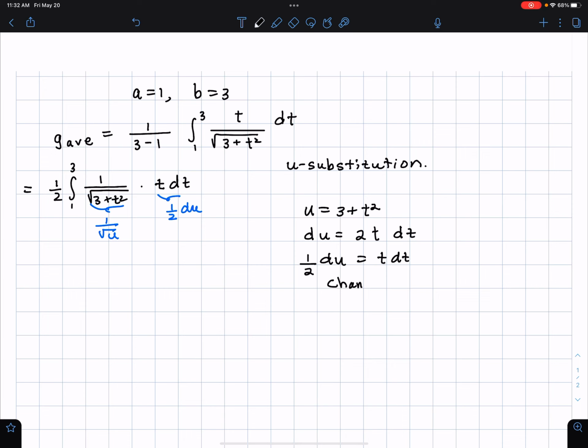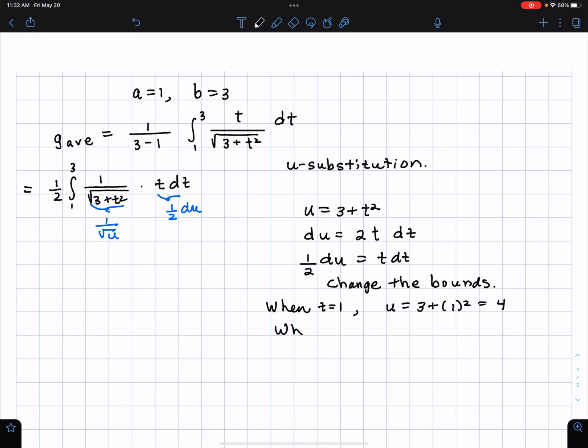So we change the bounds of integration. When t equals 1, the bottom bound, u is equal to 3 plus 1 squared, because u is 3 plus t squared, so that makes 3 plus 1, which is 4.